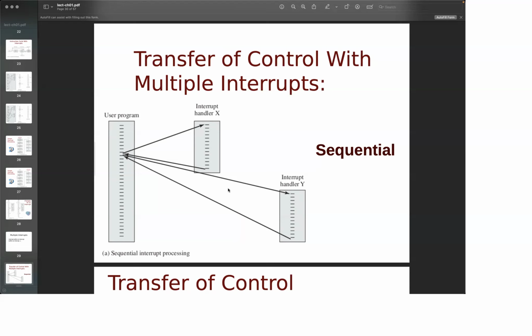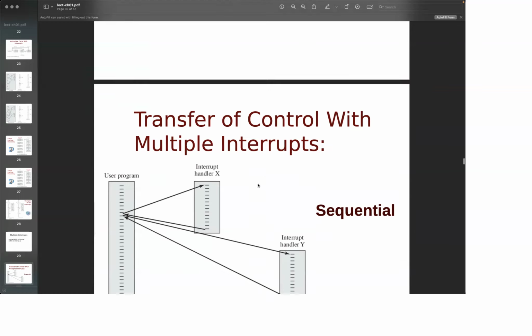Okay, so the reason why we need to use a stack instead of a queue, have you thought about it? Why do we need it if we have an interrupt? Yes, it's first in, last out. Correct.